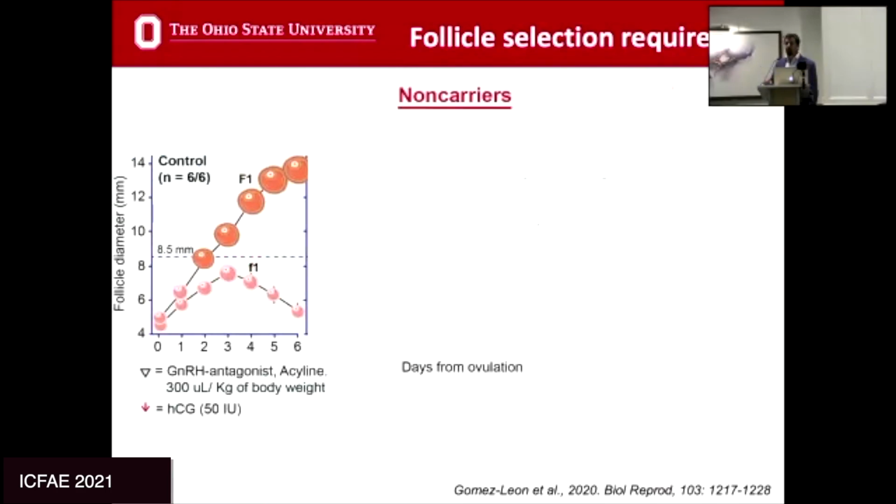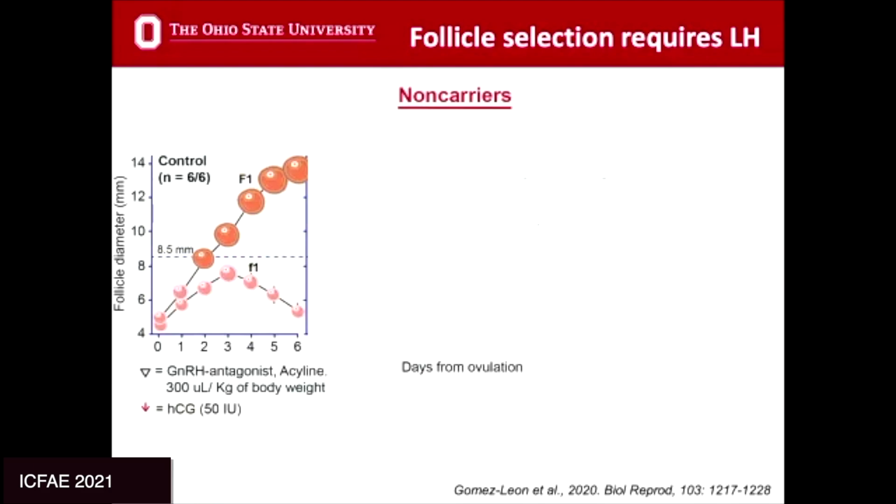Because there are a lot of groups and panels here, I'm going to show you the single ovulating or non-carrier animals first. You see here the control group. They have diameter deviation and selection of a single dominant follicle, as you would expect. When we treat those animals with acyline, we prevent diameter deviation and selection of a dominant follicle, and the maximum follicle size attained is right around 8.5 millimeters, which is when we would normally expect those follicles to become dominant.